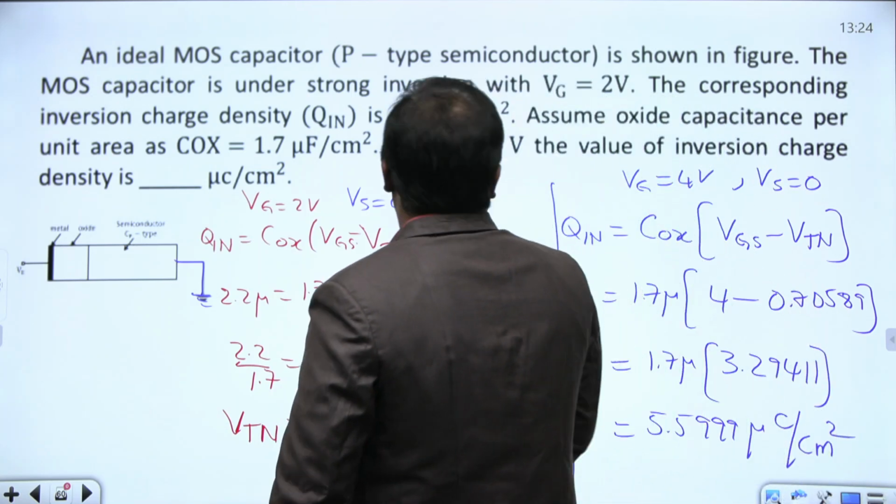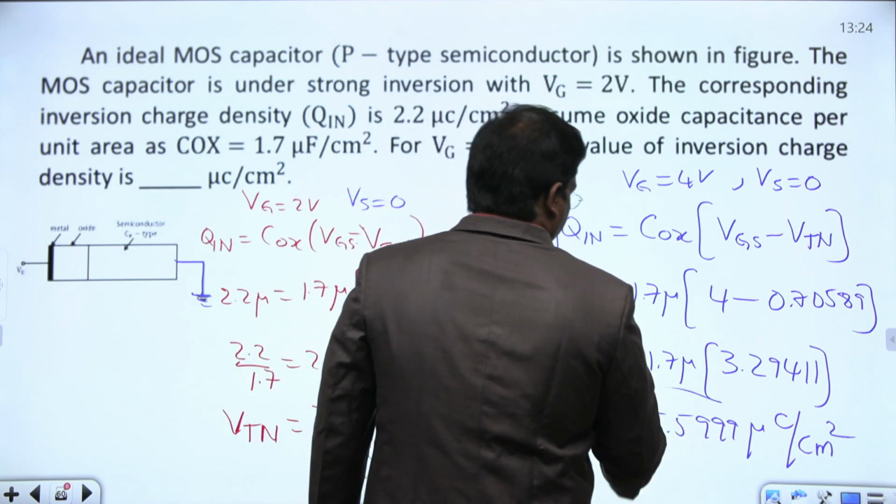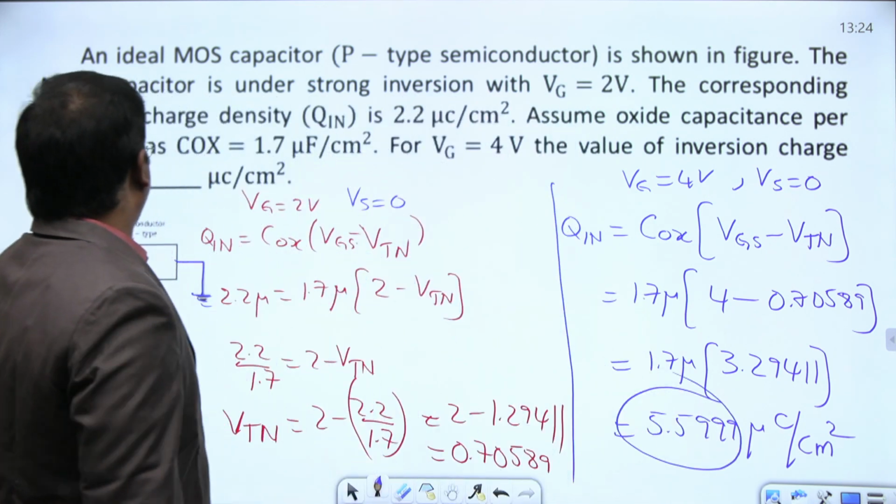That's the answer. Finished. They were asking us to determine that value.